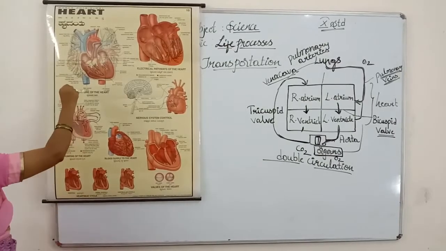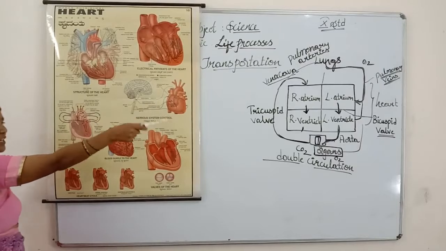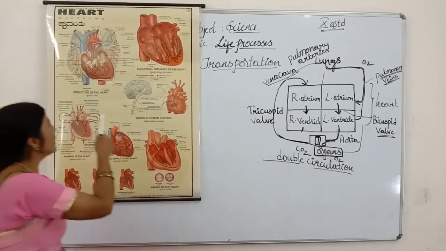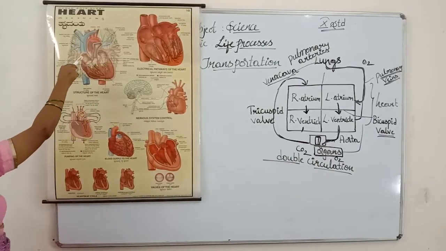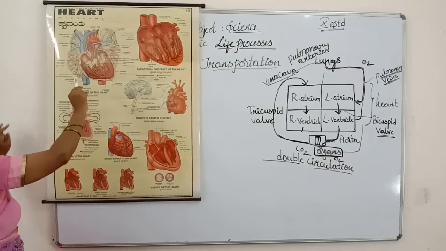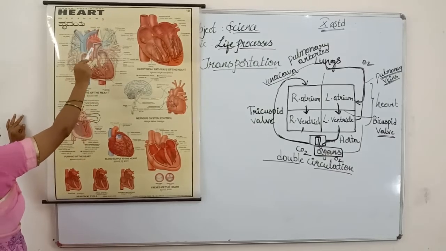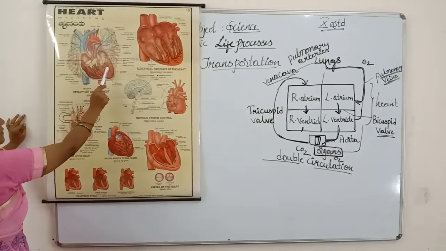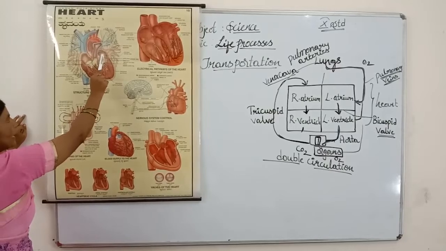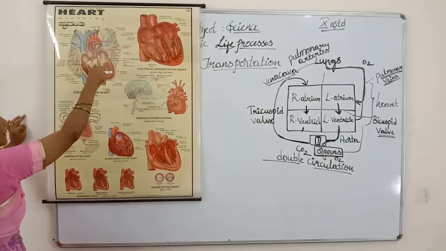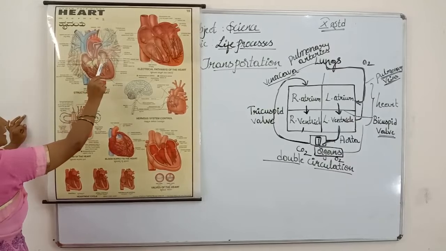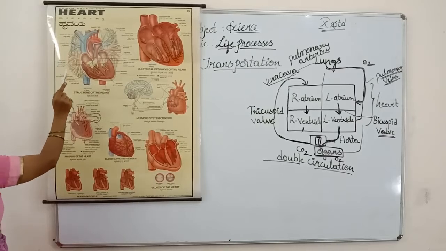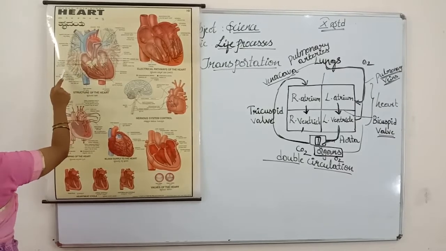Okay, children, now we'll focus on the structure of a heart. That for your understanding I have drawn clearly and explained to you. Now we'll see the structure of a heart. Heart has 4 chambers, as I told you earlier. 2 atriums, right atrium and left atrium, right ventricle and left ventricle. Left atrium and left ventricle are separated by a bicuspid valve, and right atrium and right ventricle are separated by a tricuspid valve.